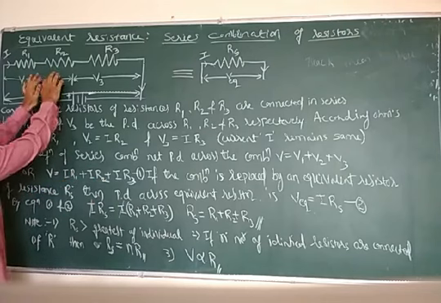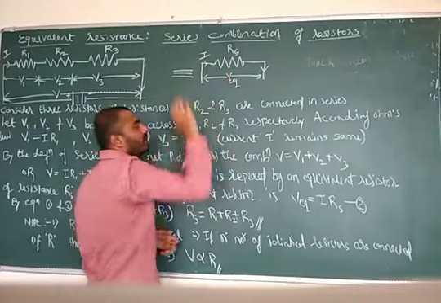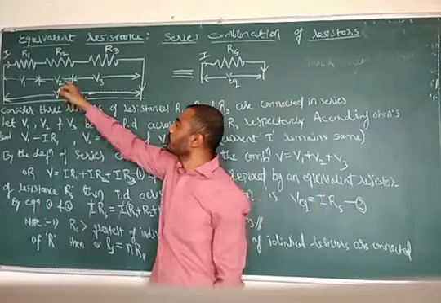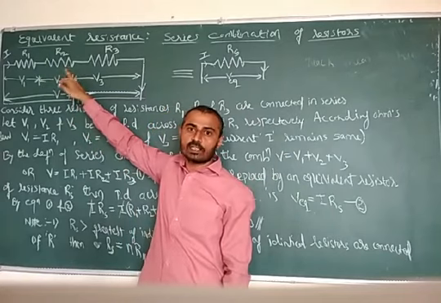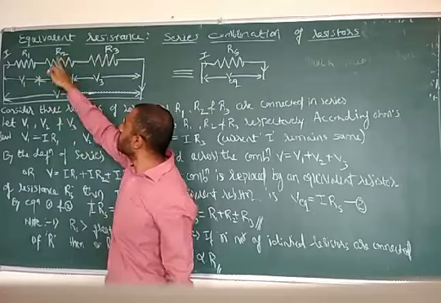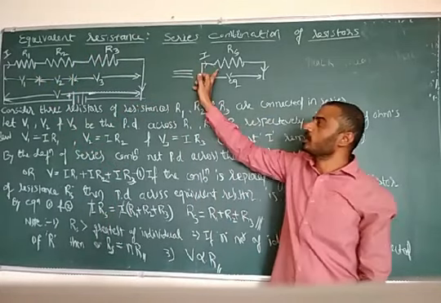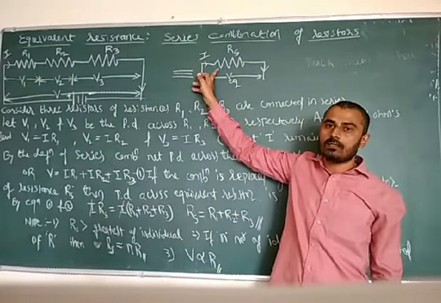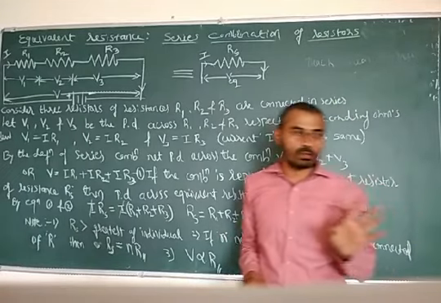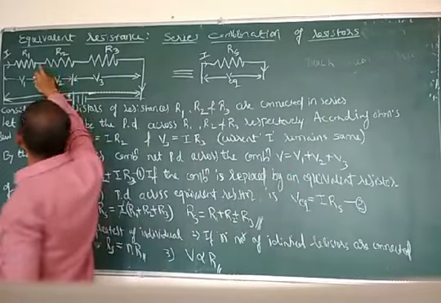If this series combination of three resistors is replaced by an equivalent resistor, that means one single resistor whose resistance is equal to the sum of all the three.